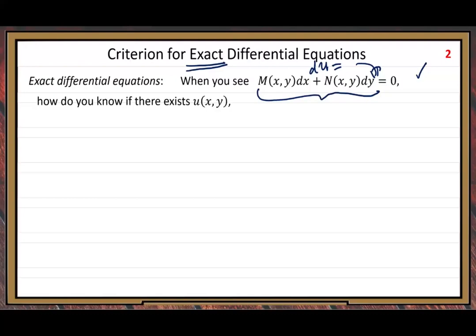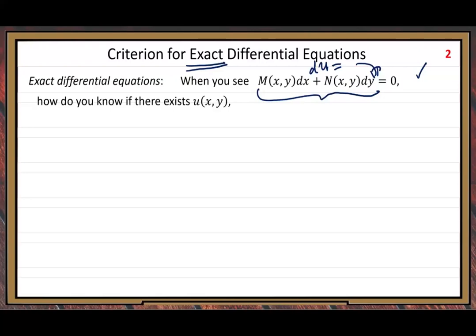So let me ask you this question. Given arbitrary capital M function and capital N function, can you always find such u function such that the left-hand side expression equals that du? The answer is no. They're not arbitrary functions. So we need to consider the condition for it.